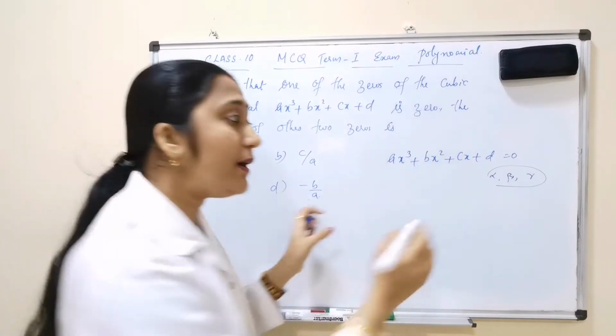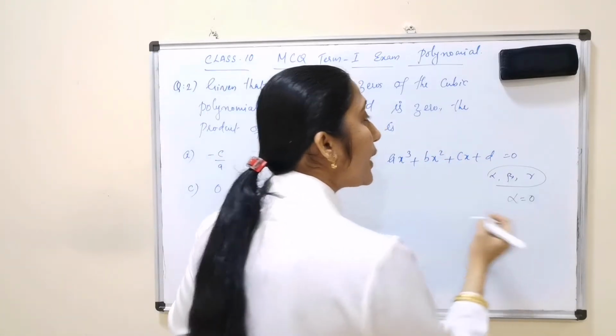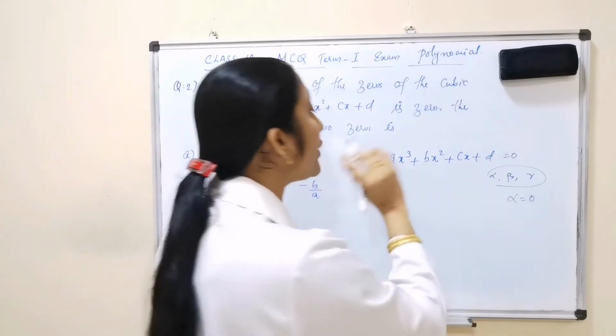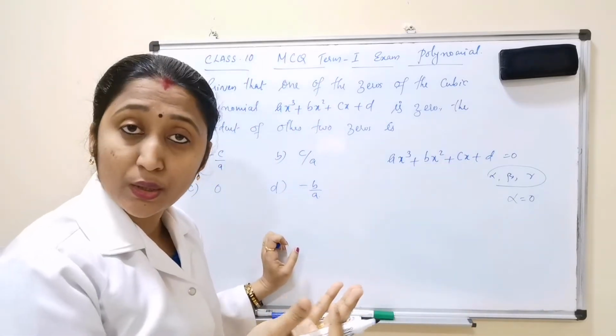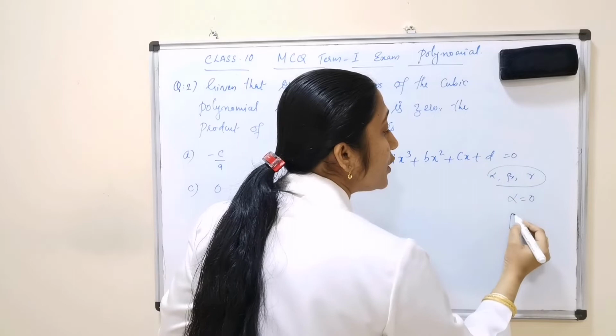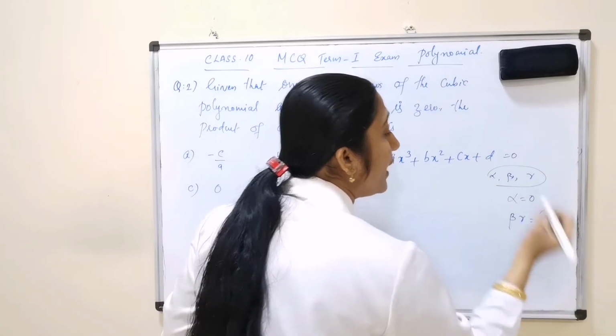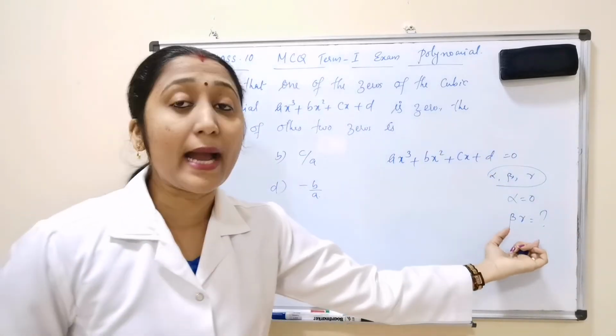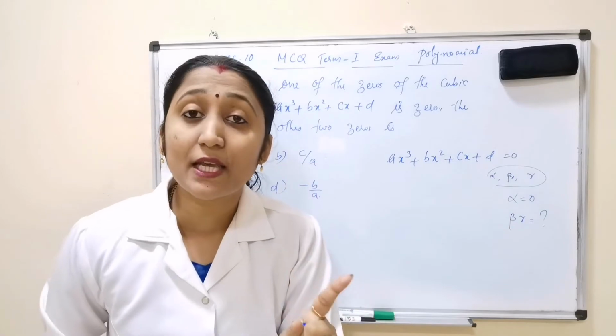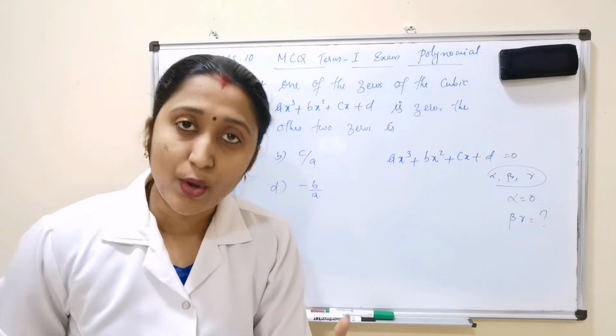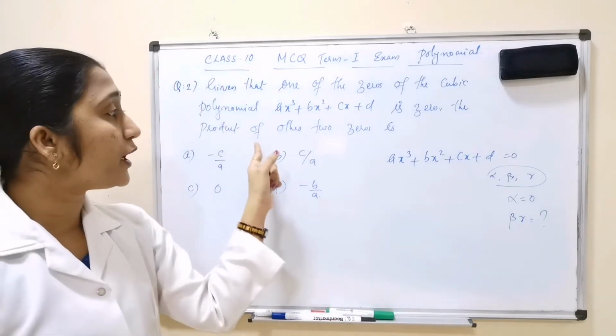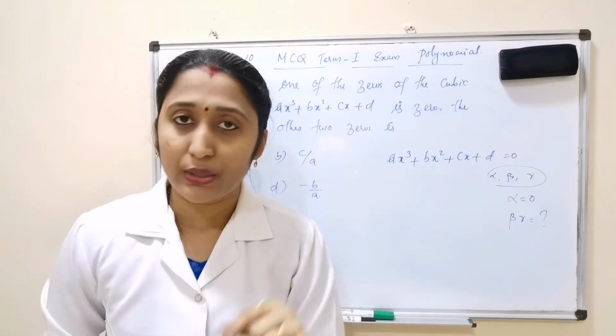One of the zeros is given as 0. That means alpha equals 0, and we have to find the product of the other two zeros, that is beta into gamma. Here one of the zeros is 0, and we have to find the product of the other two zeros.